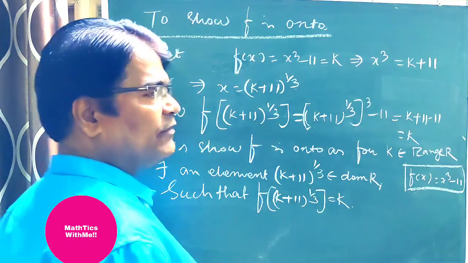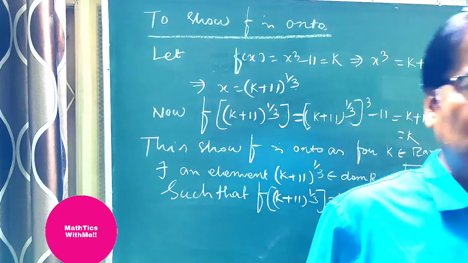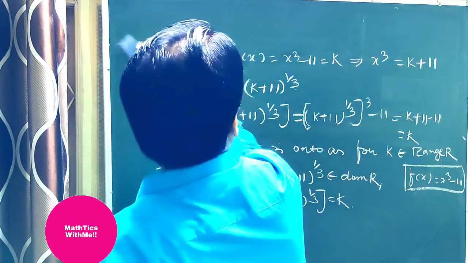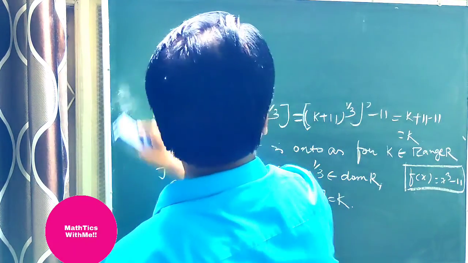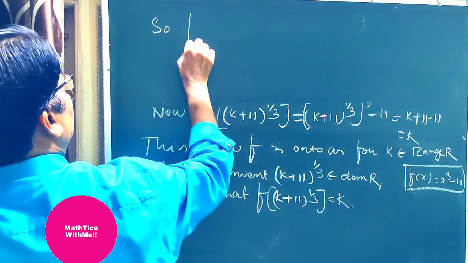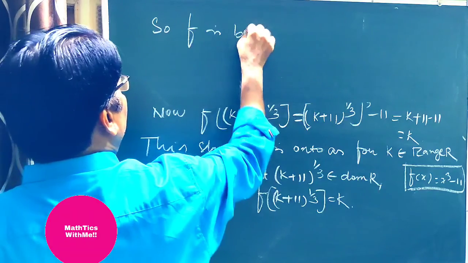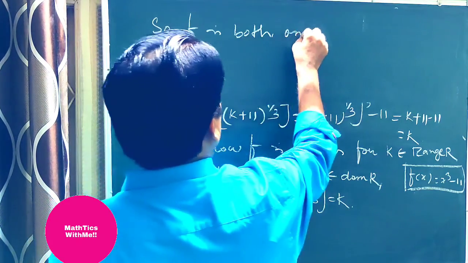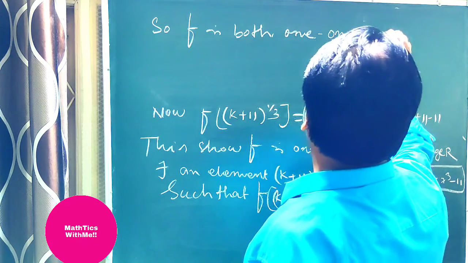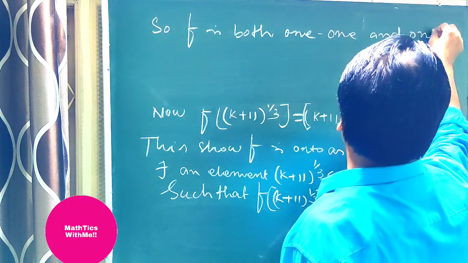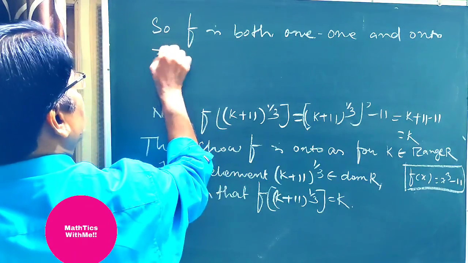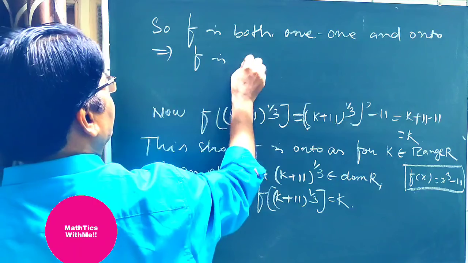So that is why the function is onto. Now the function is both one-one and onto. So f is both one-one and onto. Implies f is bijective.